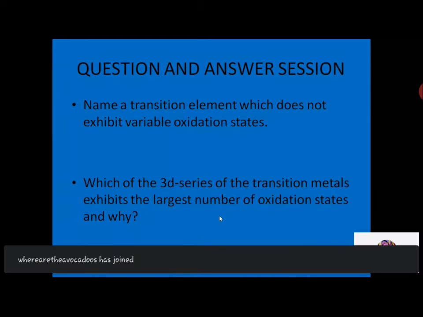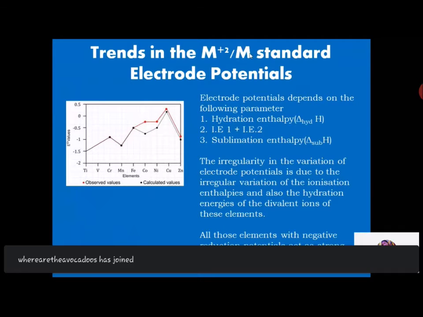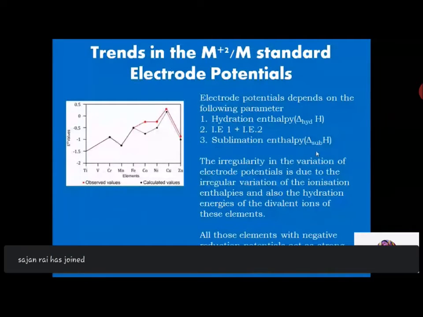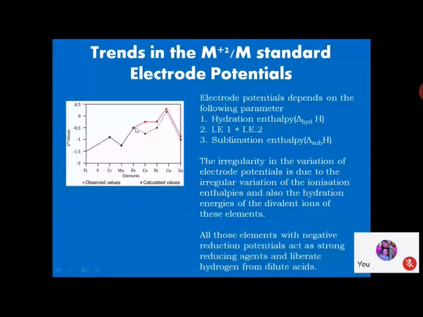Now, the reduction potential of Mn2+ and others. The electrode potential depends on hydration enthalpy, the sum of first and second ionization enthalpy, and sublimation enthalpy. This is the trend of electrode potential with increasing atomic number.